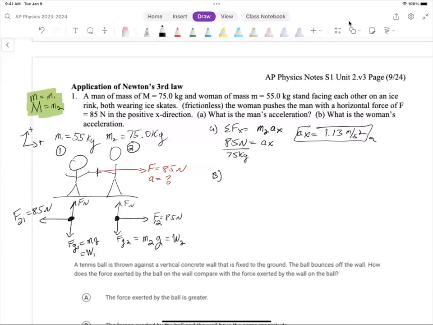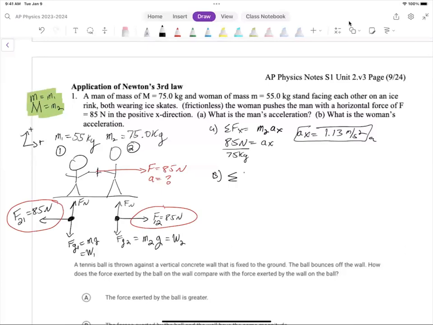You would not have been able to solve this problem if you did not have an understanding of Newton's third law. If you did not know that this magnitude of force is equal but opposite in direction to the force that the man puts back on the woman, you would not be able to solve this.